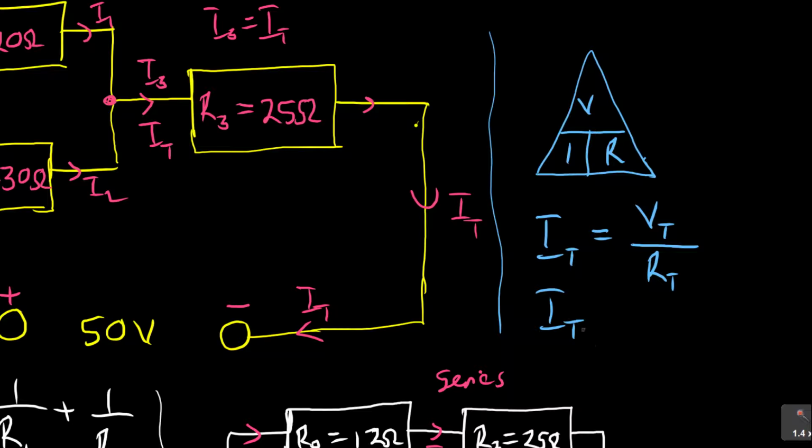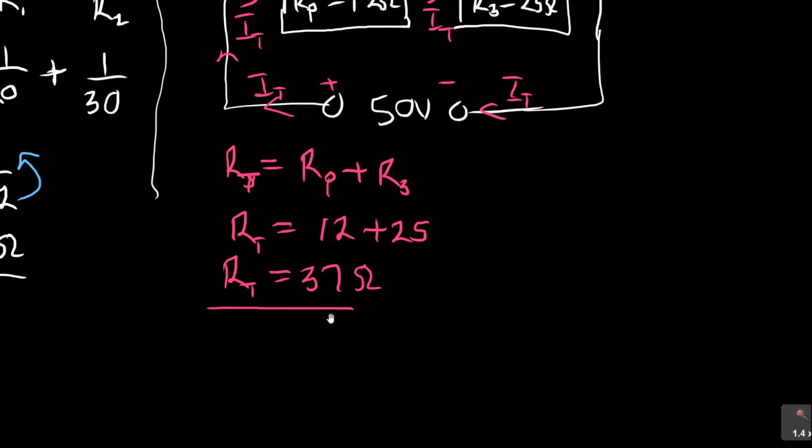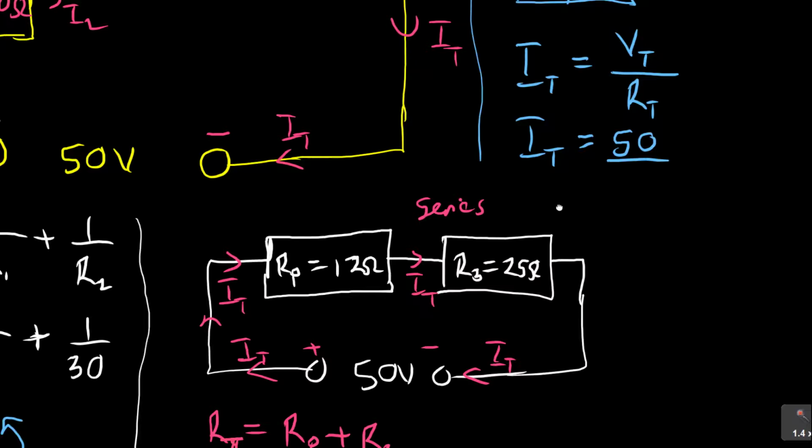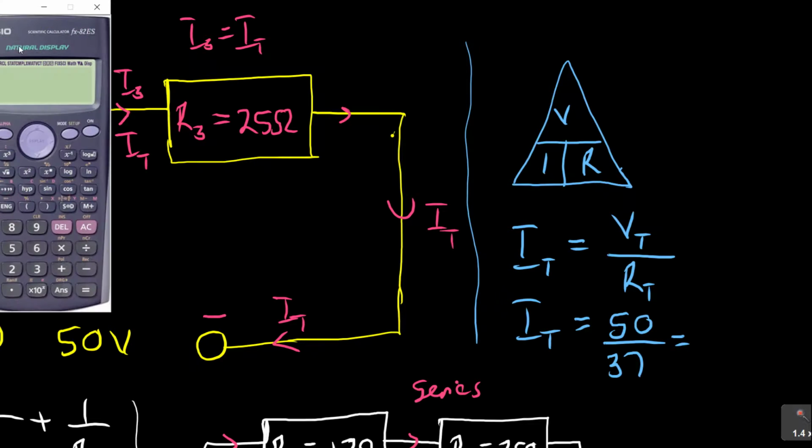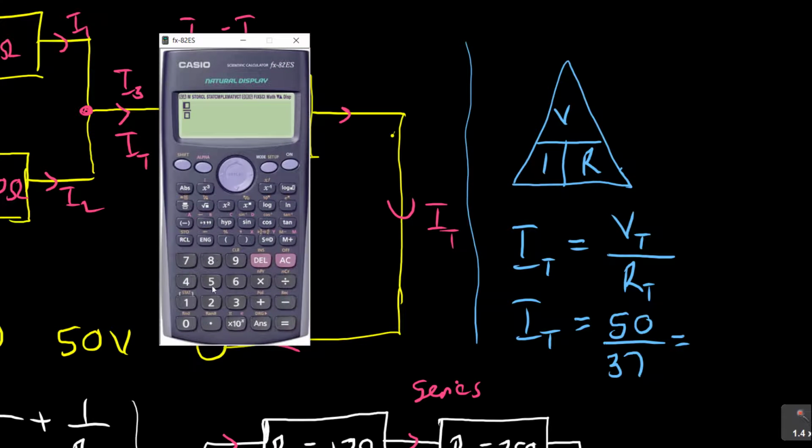So your IT here is equal to total voltage, they say it was 50, and then the total resistance that we got, 37 ohms as RT. Remember, that's what we're using. So it will be over 37. It will then give us the answer to say what is the total current we are having.